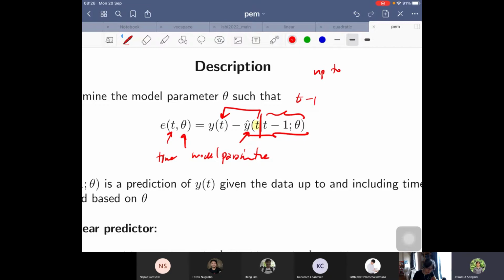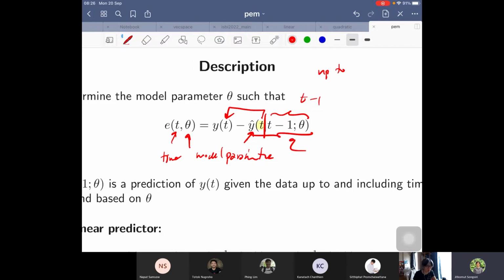It can use the information of y at time 0, 1, and all the past data up to time t minus 1. That's why it's called prediction. At this stage you only know the information up to time t minus 1, but you want to predict the next step of y.